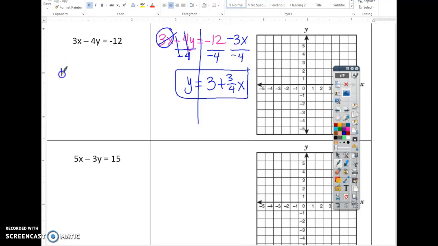Okay, so what is my m in this equation? No, m is the slope, and it's the one with the x. So it's the 3/4. The slope equals 3/4. And what is the b? It's 3, and that's your y-intercept.